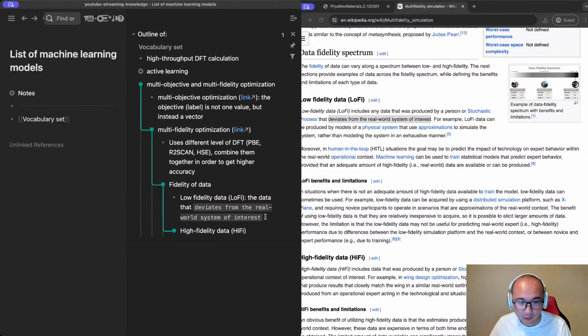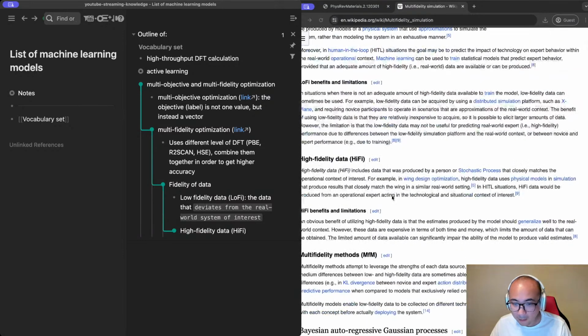And high fidelity data closely matches the operational context of it.